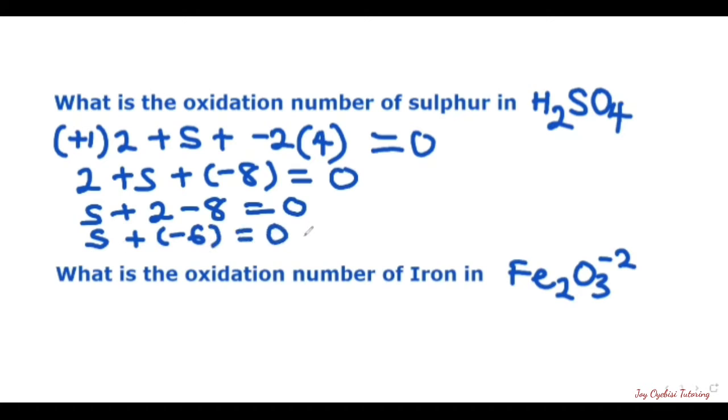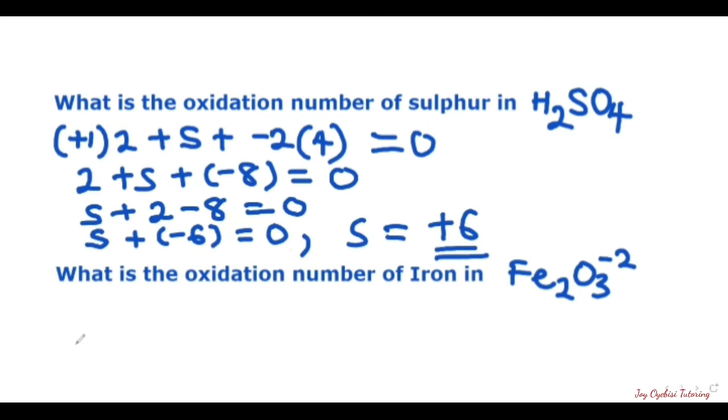So our x will be equal to, this is going to move to the right-hand side, and the sign is going to change to positive, and the value of our sulfur will be +6. So this is a longer route.